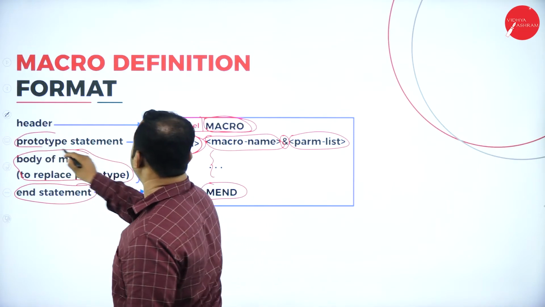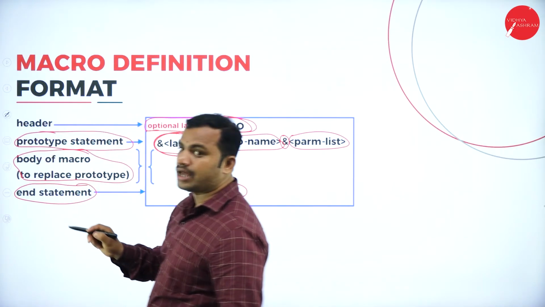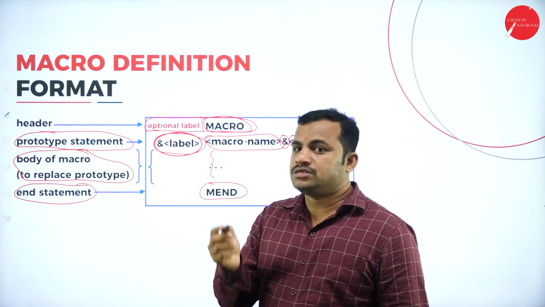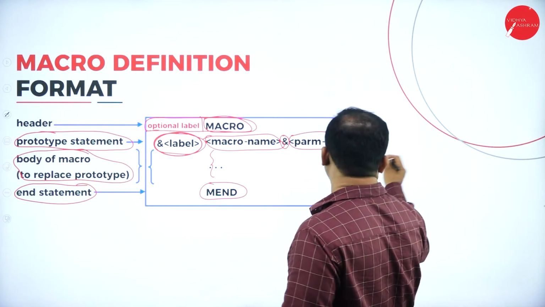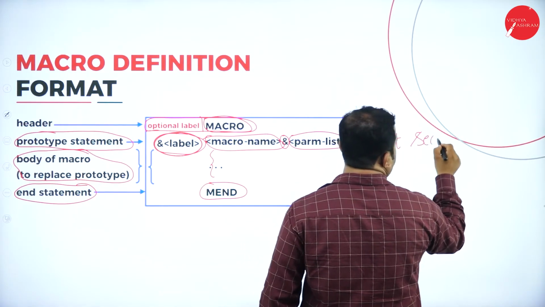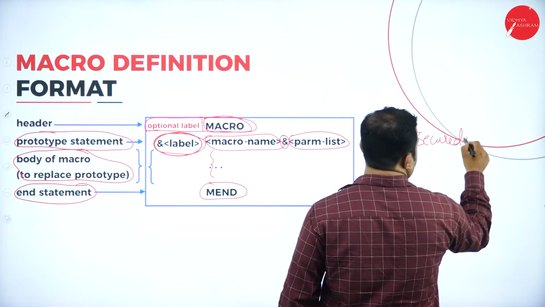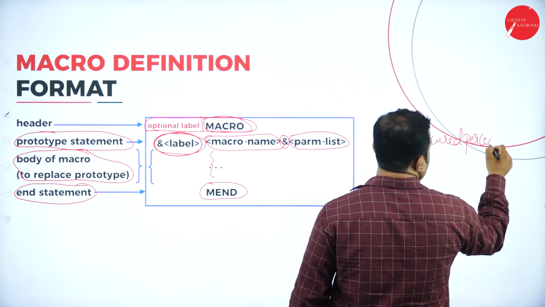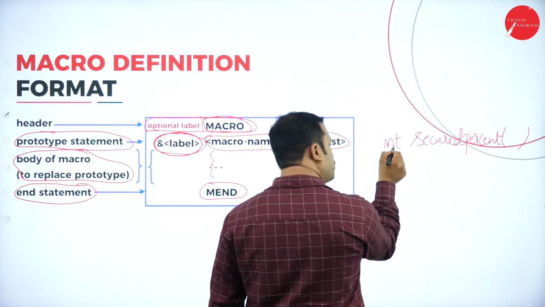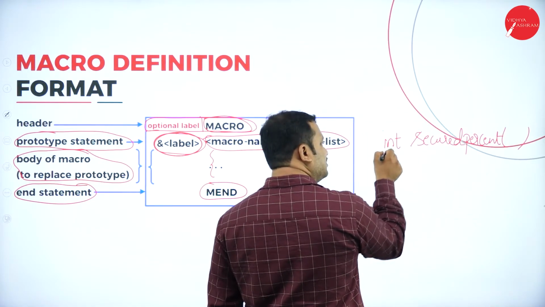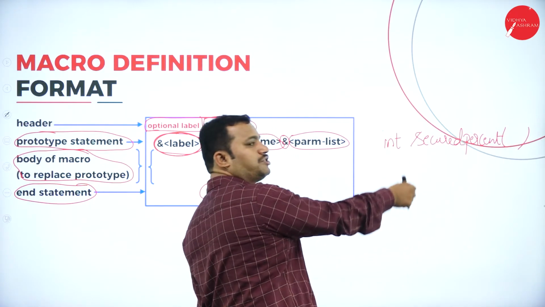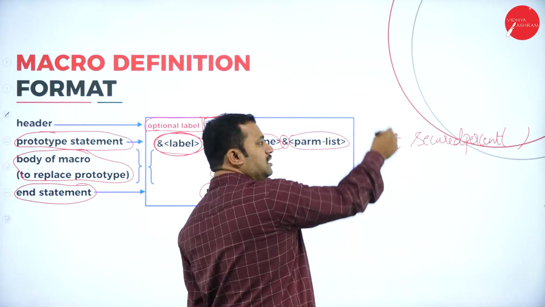Then we have a prototype statement like this. The prototype indicates that it is the header, similar to a function definition, that is, the function name int secured percentage is the name of the function. This is a prototype that indicates that there is a function call and the function definition exists in the future.